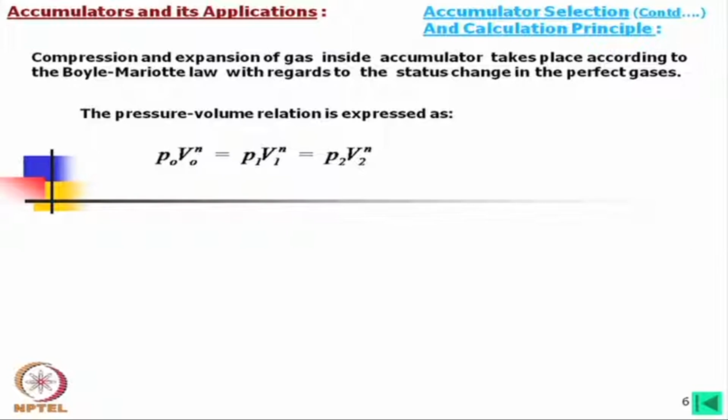Now, n is equal to 1 in the case of isothermal. In the case of adiabatic, it is usually 1.4 or so. In between, we can select according to the time taken. I am coming to that later.